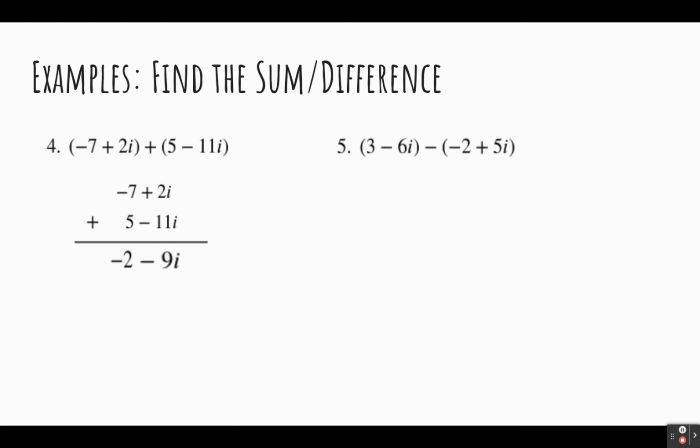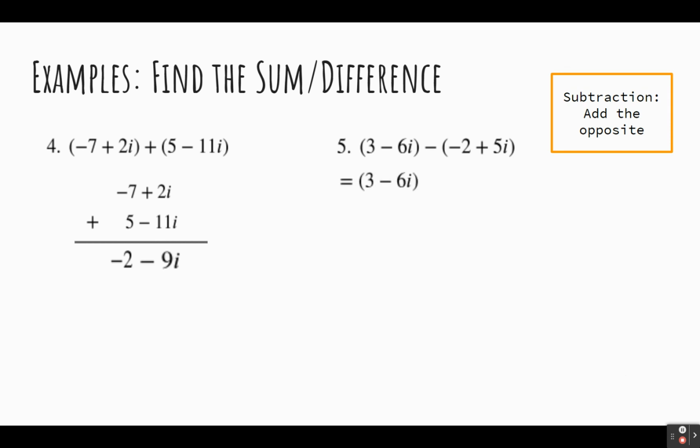Let's look at a subtraction problem. We have the complex number 3 minus 6i. We're going to subtract negative 2 plus 5i. Well, remember that subtraction is the same as adding the opposite. So we're going to keep the first complex number, change subtraction to addition, and change the second complex number to its opposite.